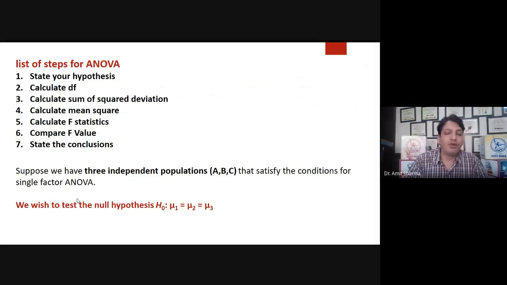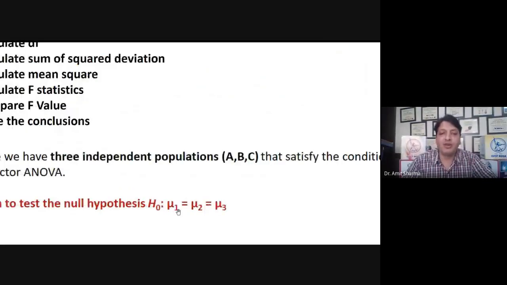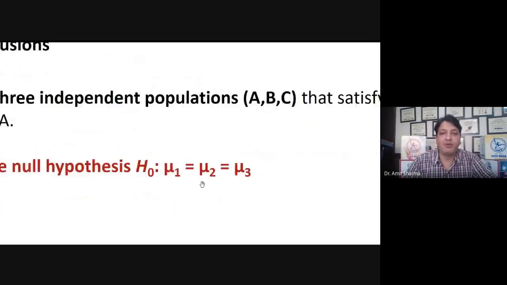So to test the hypothesis for our test, we have to write the null hypothesis. The null hypothesis for this test is that the mean of one group is equivalent to the mean of the second group, and both are equal to the third group. That means H naught is mu1 equal to mu2 equal to mu3.